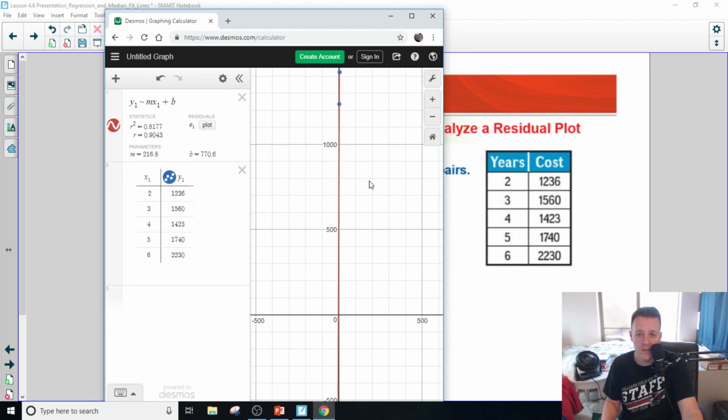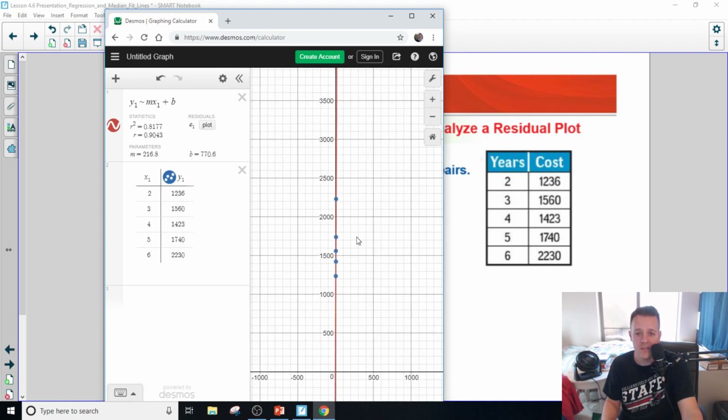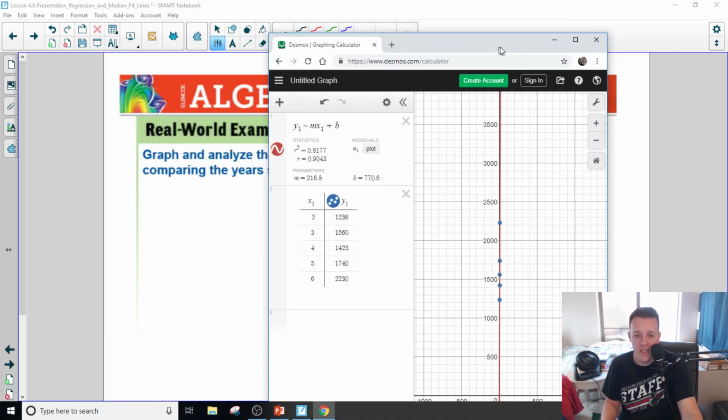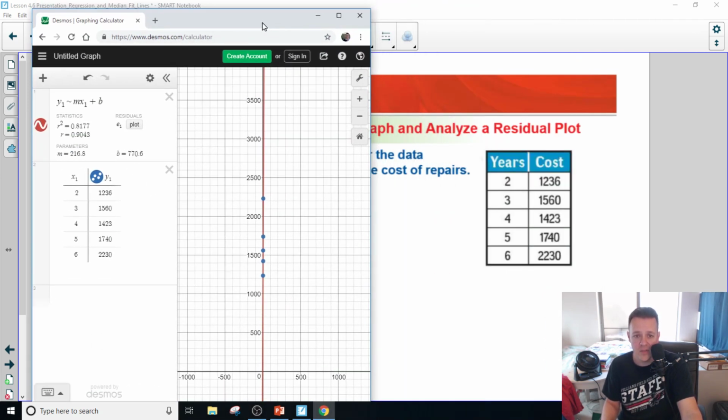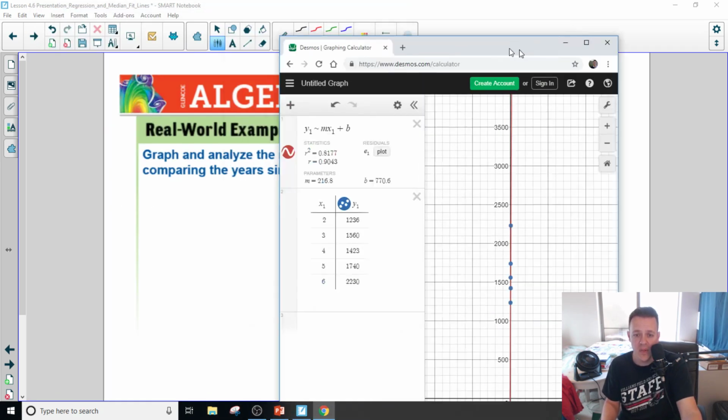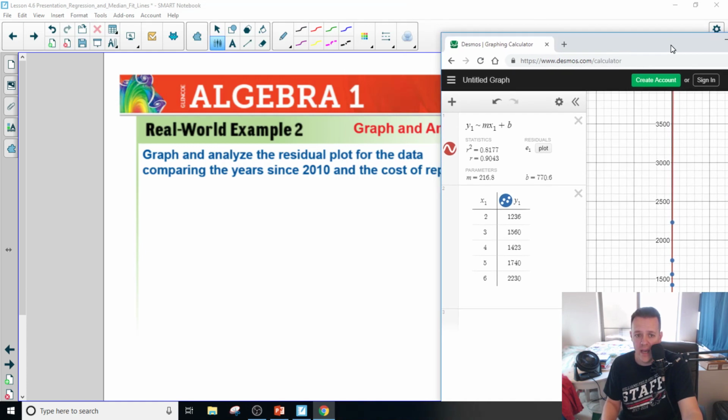Oh, that's one heck of a... Oh, there we go. I'm like, where are the dots? All right, so here's mine. Residual repairs. If I plot these out, 2, 3, 4, 5, 6, I plot out the points. What do I get? I get my analysis and the cost of repairs.